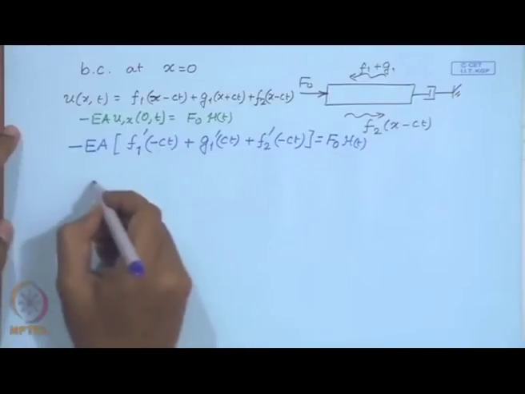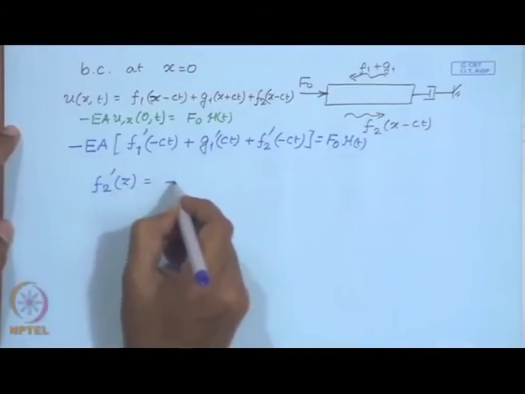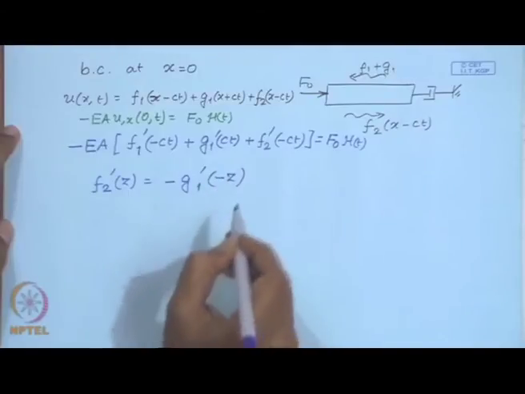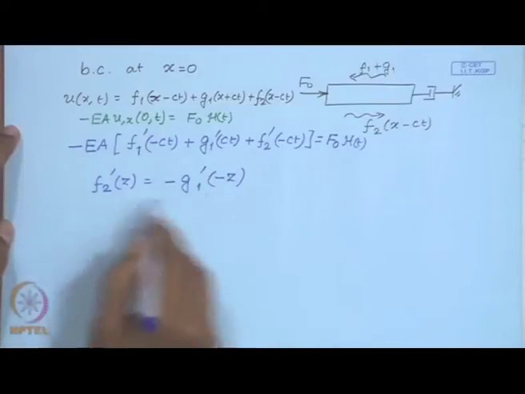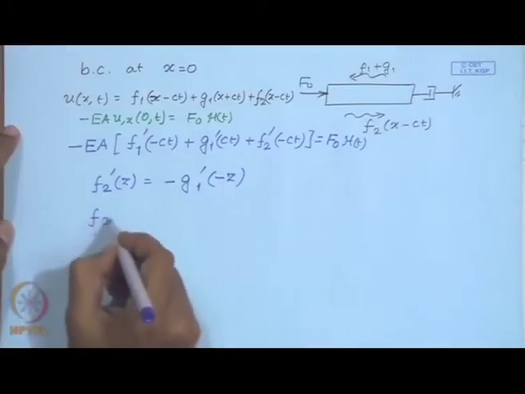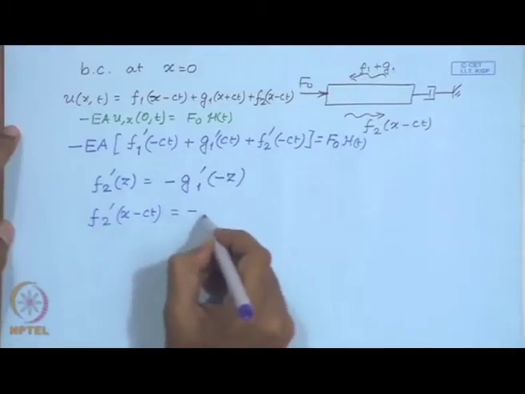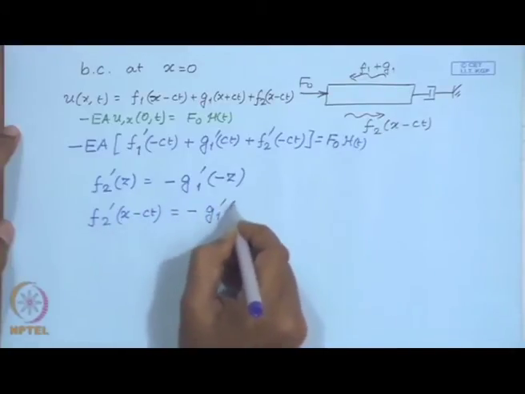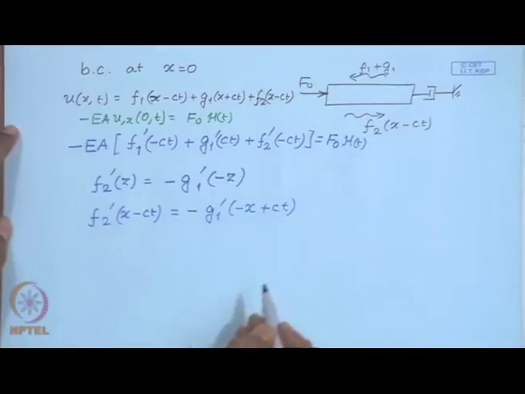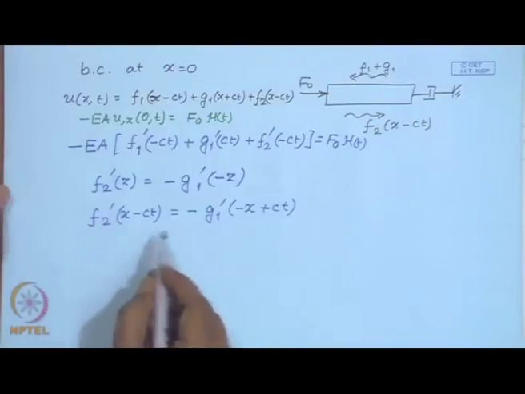So, finally, when you simplify, this is what we are going to obtain, and therefore, we have solved for f2 prime of x minus c t.